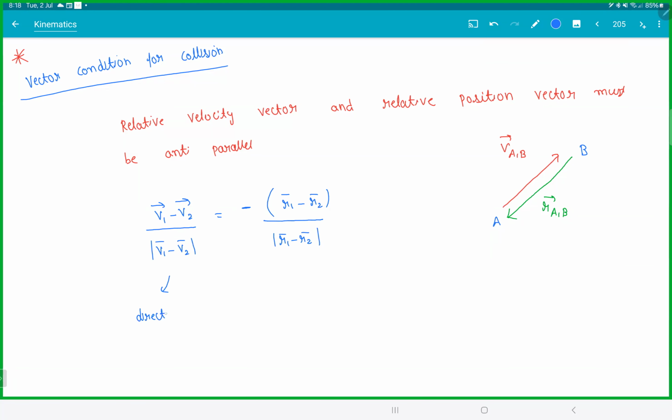This is the direction of relative velocity, the unit vector. This is the direction of the position vector, or relative position. This is the mathematical condition for two particles to collide.